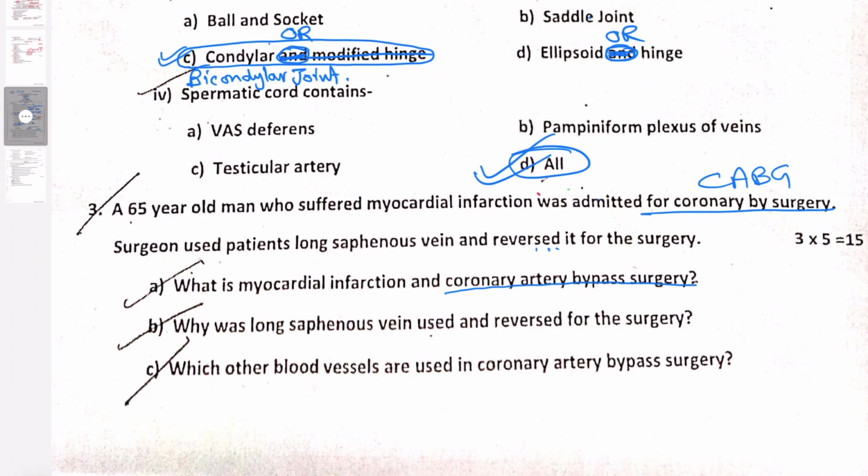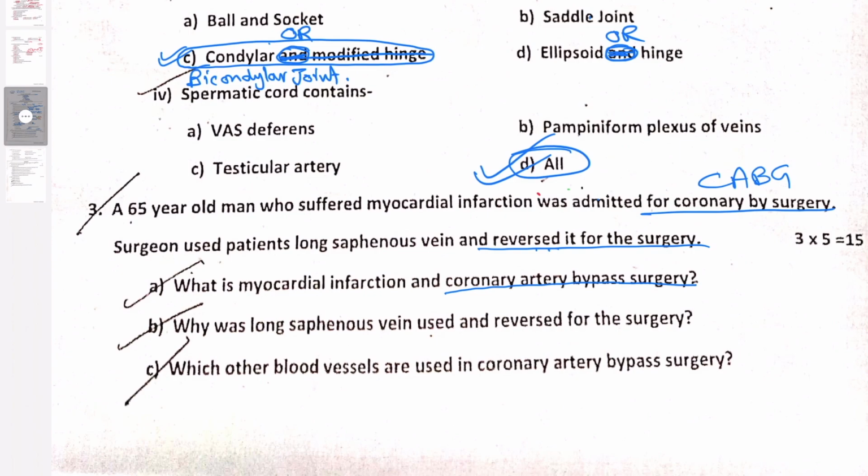That's why it said that he reversed it for surgery. Reversing means we are trying to remove the valves, so the endothelium having the valves has to be reversed, and the tunica adventitia, which is the outer layer, will now be inside. So that is to remove the valves inside.